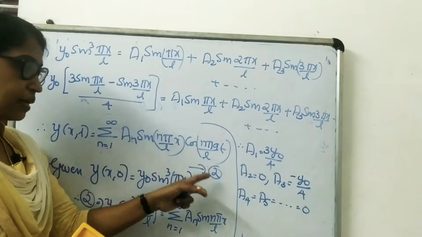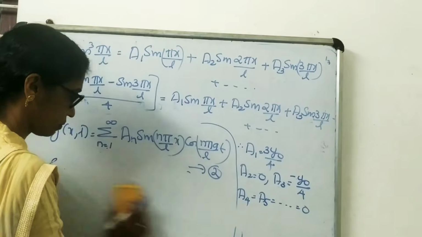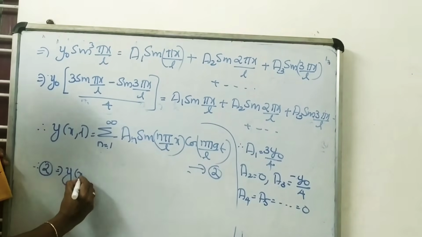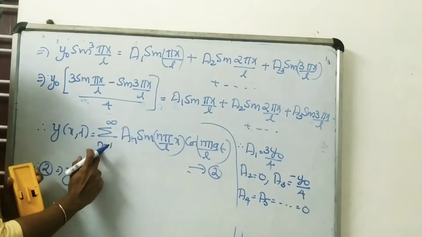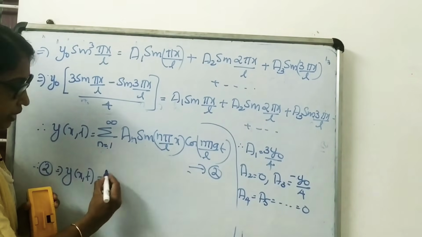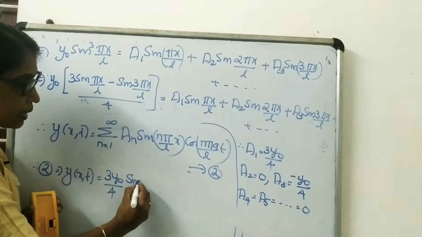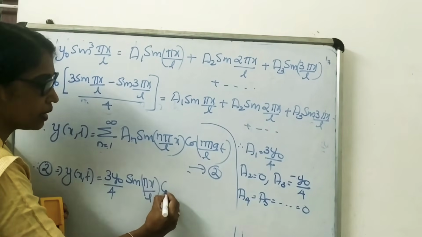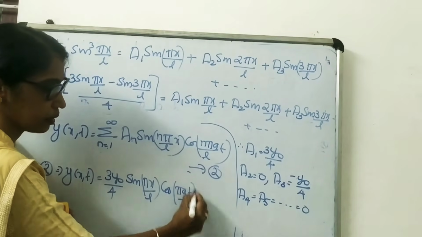Now we have to substitute this in equation number 2. Therefore y(x,t) is equal to, the first term with n equal to 1, a1 is 3y0 by 4, into sin(pi x / L) cos(pi a t / L).